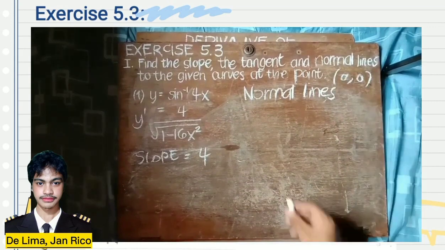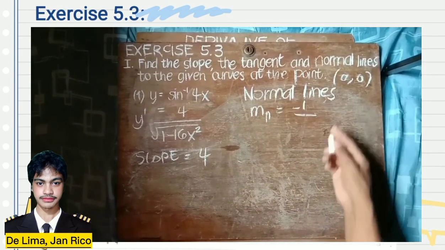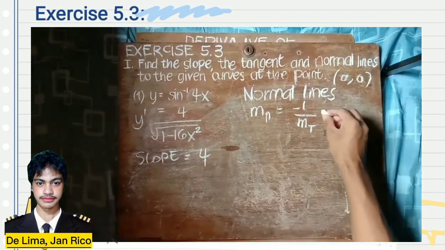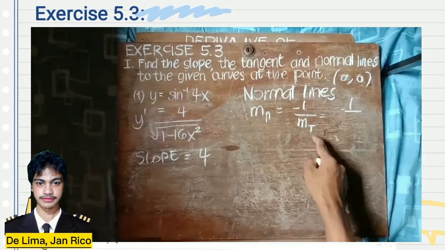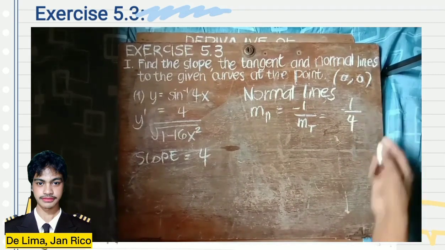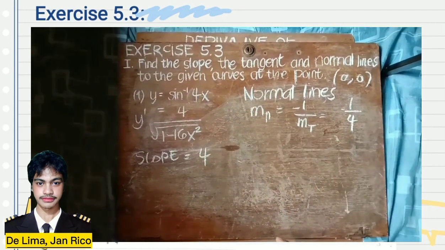Sa normal lines, we have the formula m sub n is equals to negative 1 all over m sub t, which is the slope, which would be equal to negative 1 over the value for m sub t is equals to 4. So this will be negative 1/4. So ang value natin for m sub n is equals to negative 1/4.